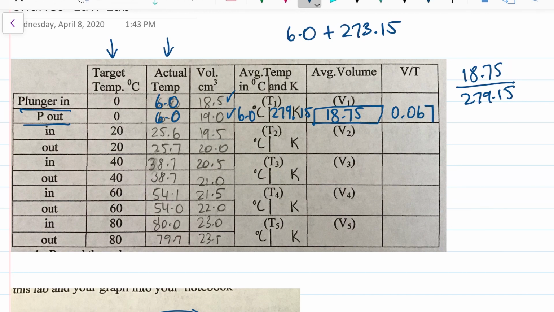So that's the ratio of my volume to my temperature. Okay, let's now try the next one together, and then I'm going to leave you to do the rest of them by yourself, okay?